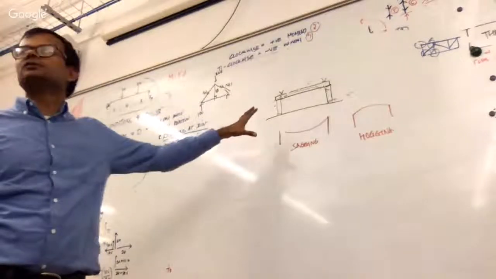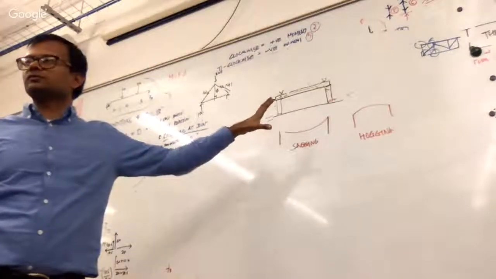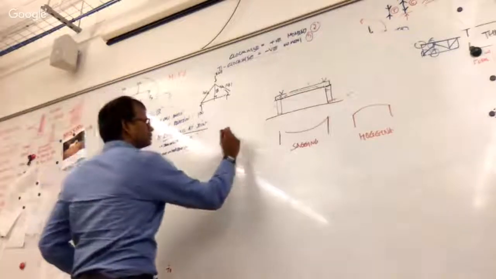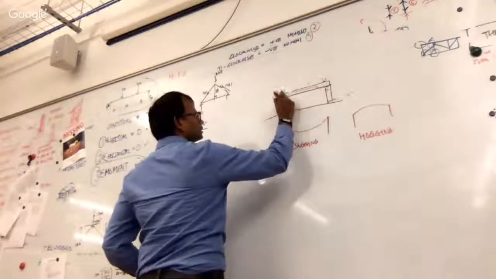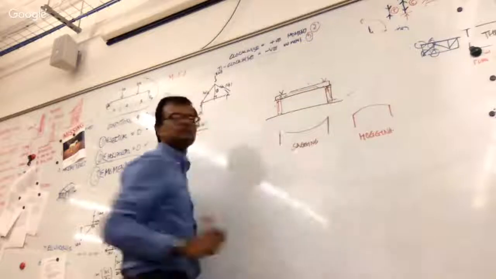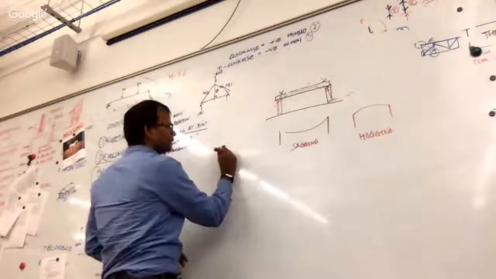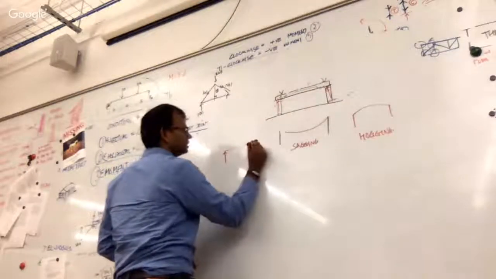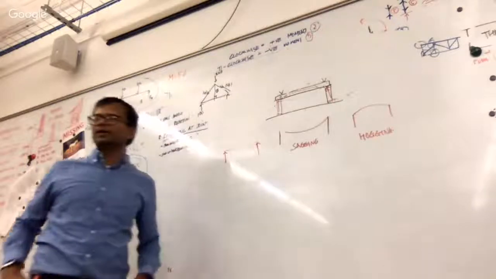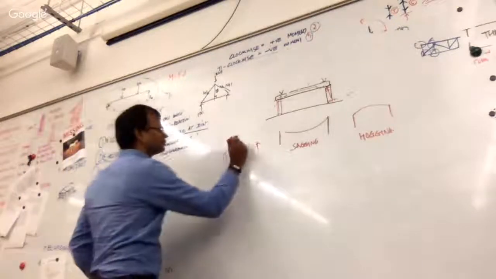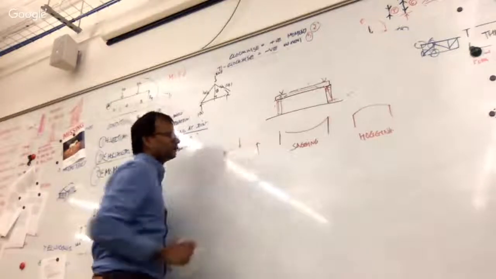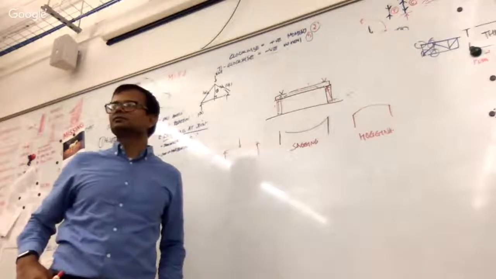Let's draw the reactions for this. So we've got the reactions are that, right? You've got a beam like this, and you've got reactions at either end, right? If I have the elephant in the middle, I've got a force in the center.